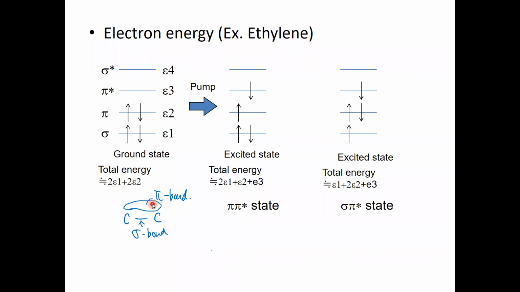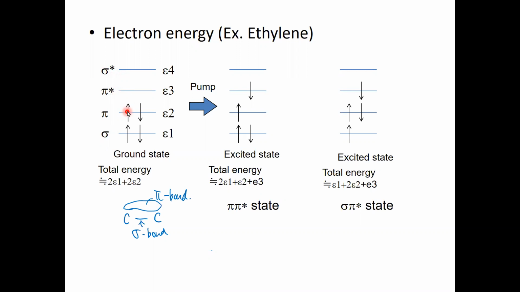So in terms of molecular orbitals, you have the sigma bonding orbital, the pi bonding orbital, and the sigma star and pi star anti-bonding orbitals.